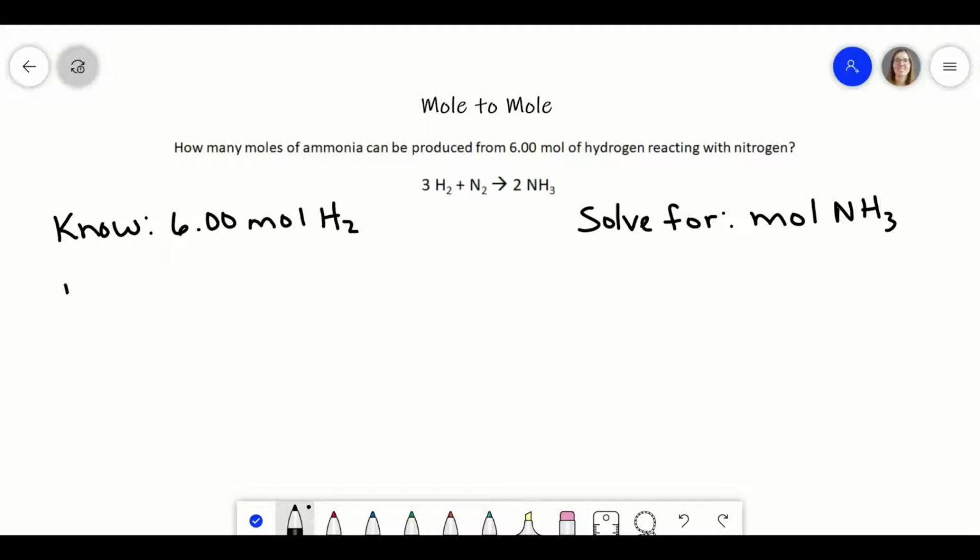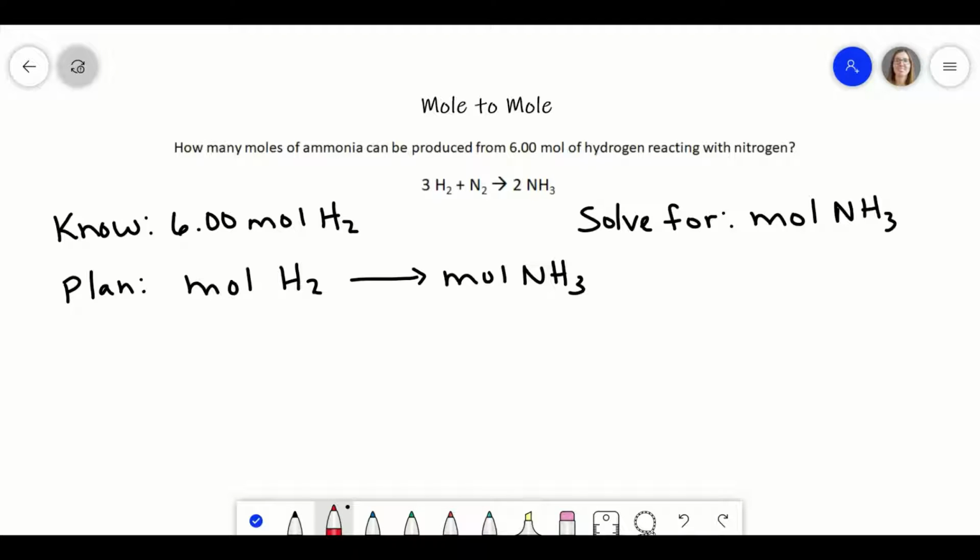Next, let's come up with a plan to go from what we know to what we're trying to solve for. So we're going to go from moles of H2, and we want to get to moles of NH3.